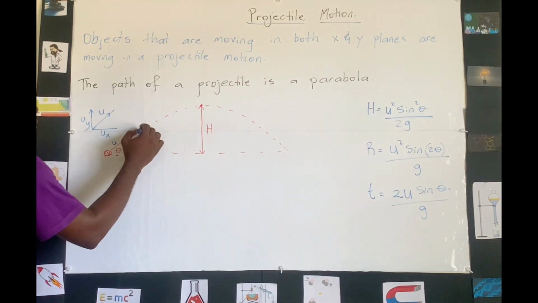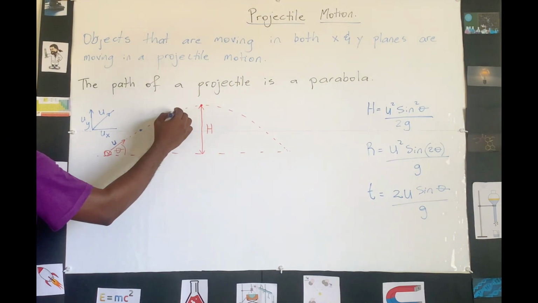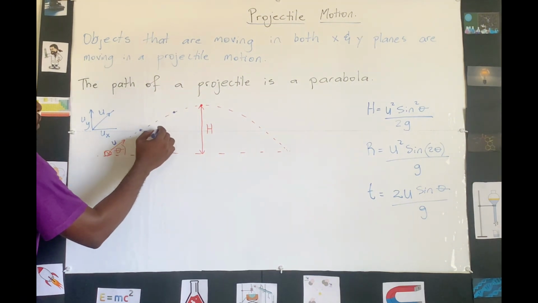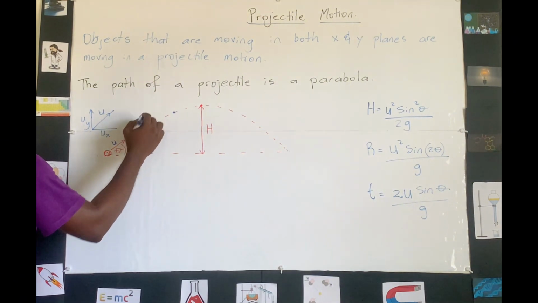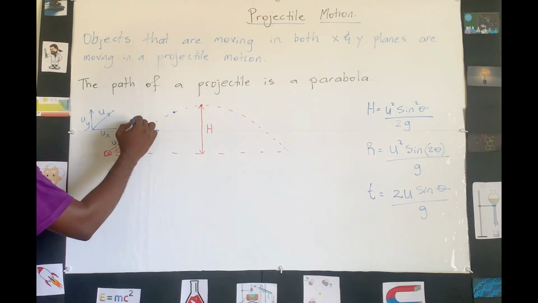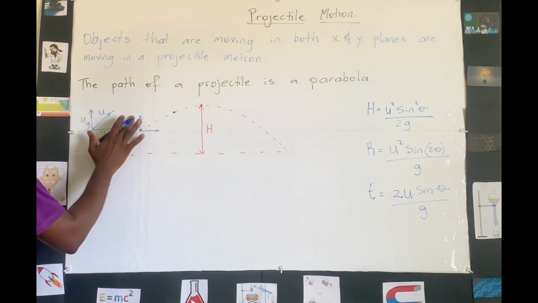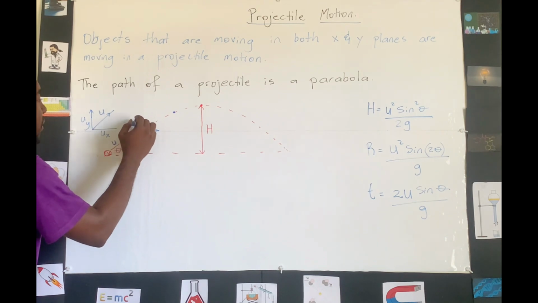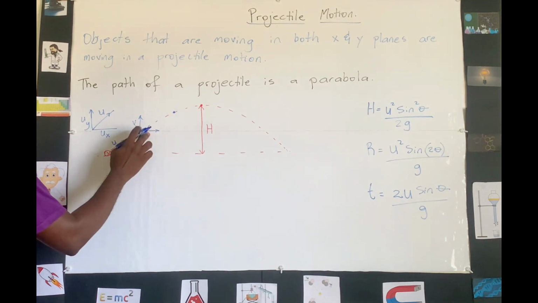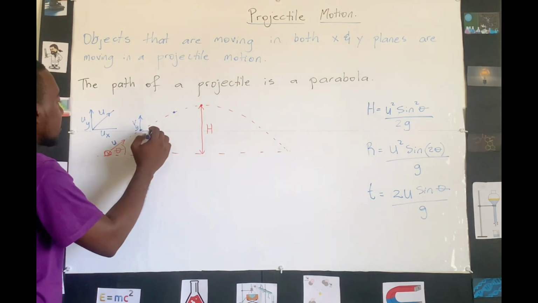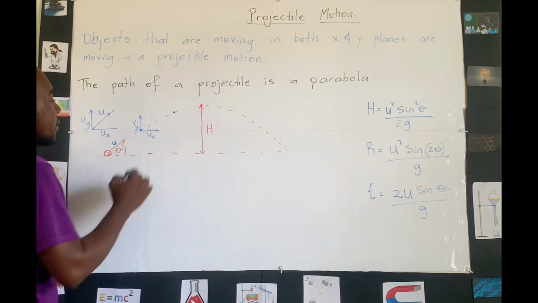Now, when the object reaches different points going up this projectile motion, the uy will now change. So it's no longer uy, it becomes vy, but the x remains the same.